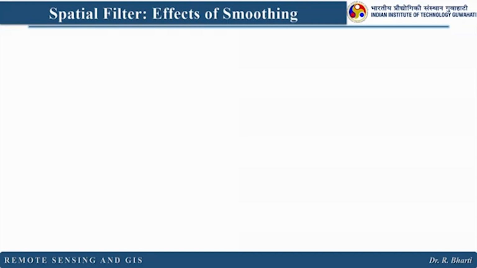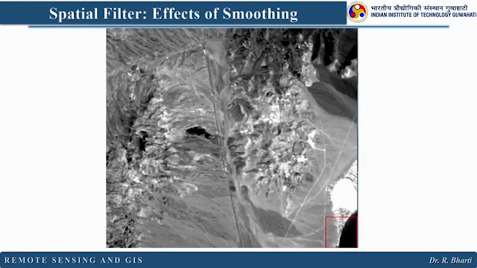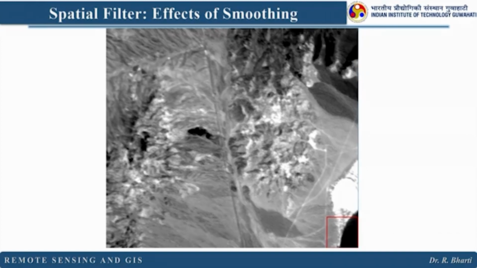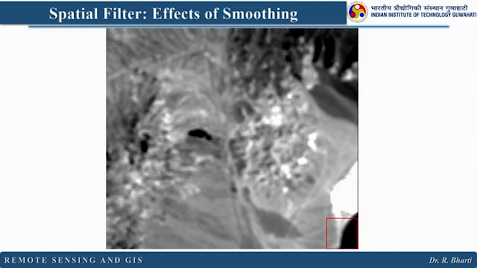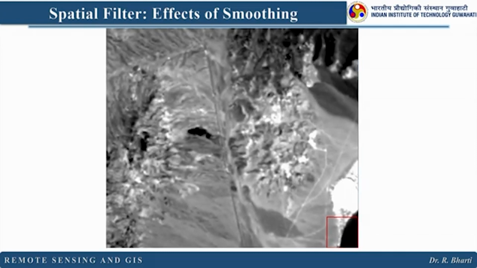Then what is the effect of smoothing on an image, that you need to understand very carefully. This is another example. Here when we are using 3 by 3, this is the example when we are using 5 by 5, and this is the example when we are using 7 by 7. So what is happening here?